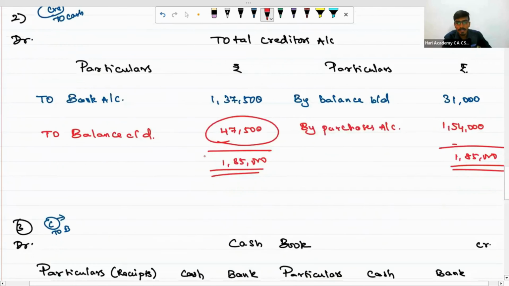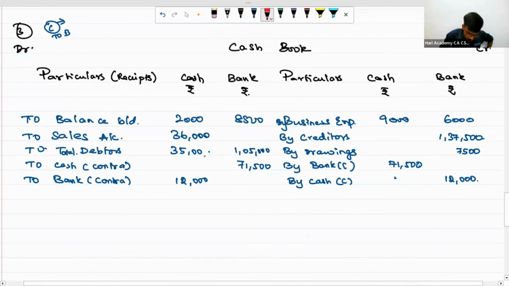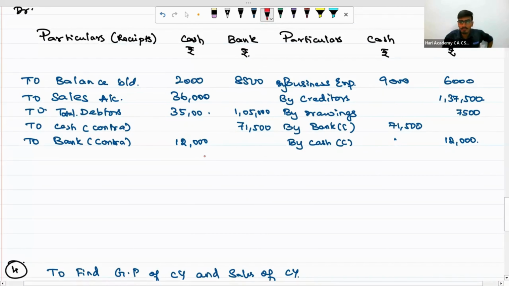Our final closing part, our hero comes into the picture, that is the cash book. Just try to close this cash book. If you are closing a cash book, always leave 5 lines and then close it off.